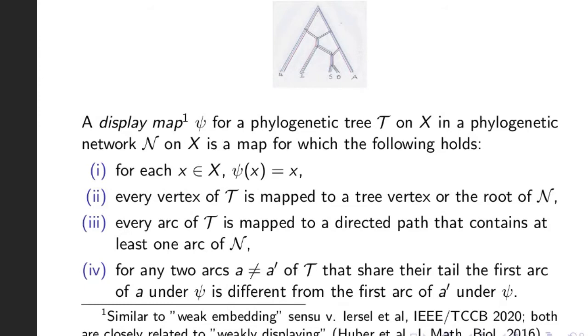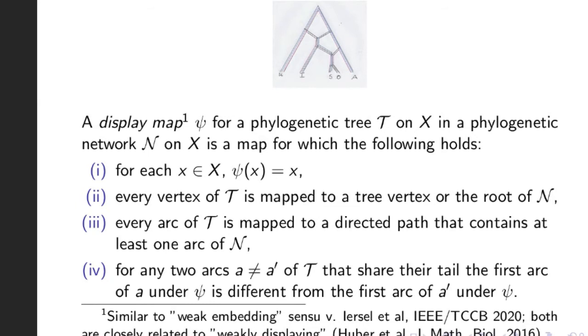Furthermore, every vertex in my tree has to be mapped to a tree vertex or the root of my network. Next, every arc of my tree has to be mapped to a directed path that contains at least one arc of my network. In other words, we are not allowing paths of length 0.